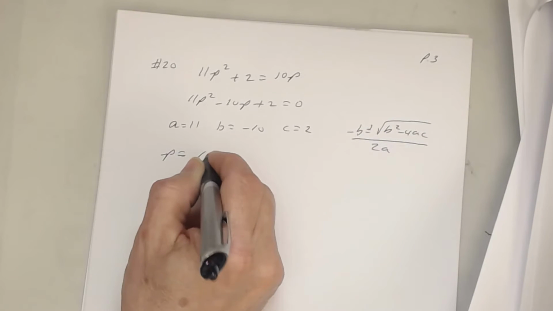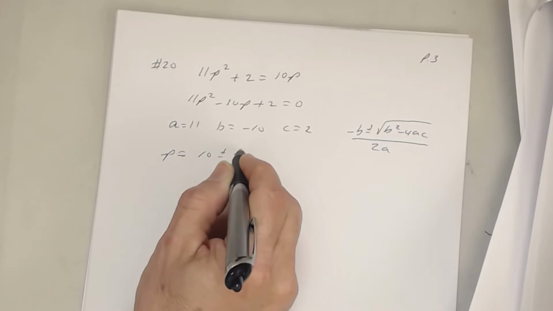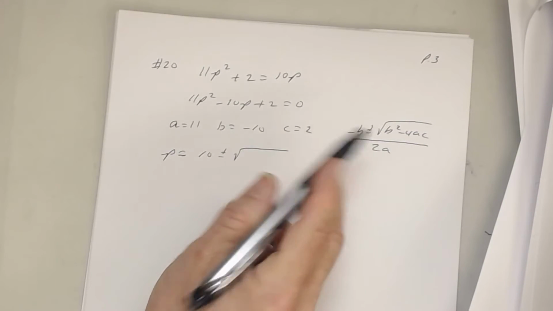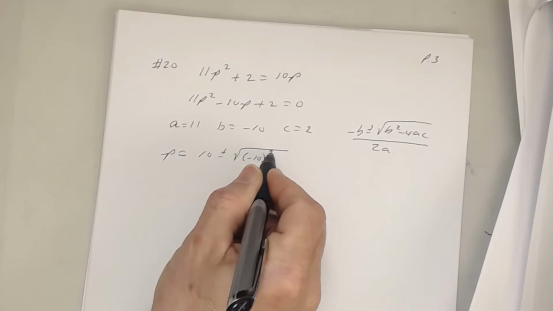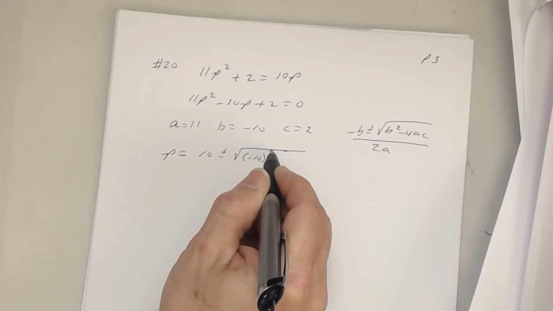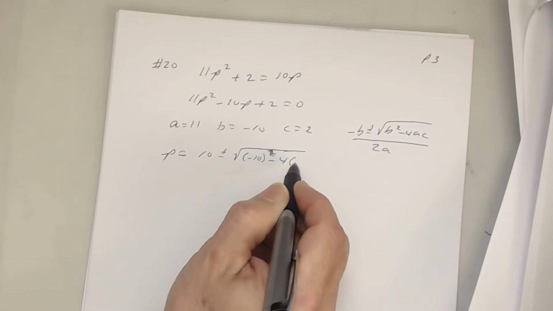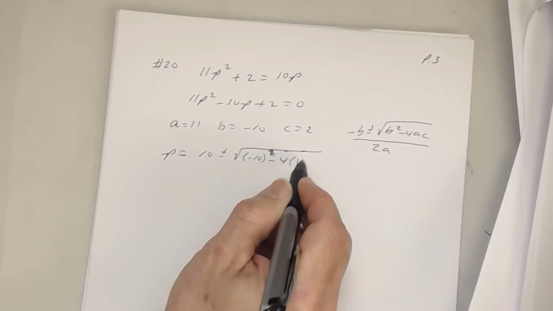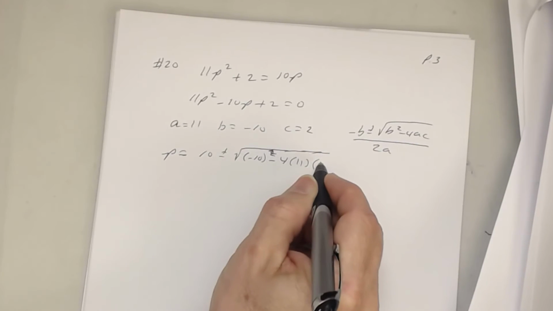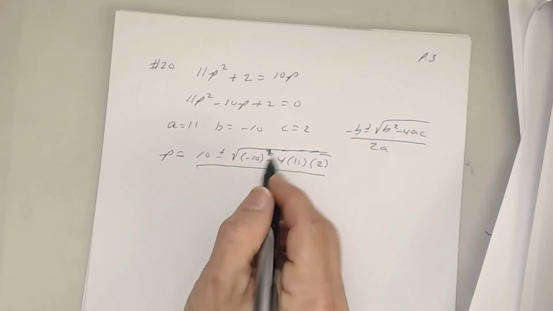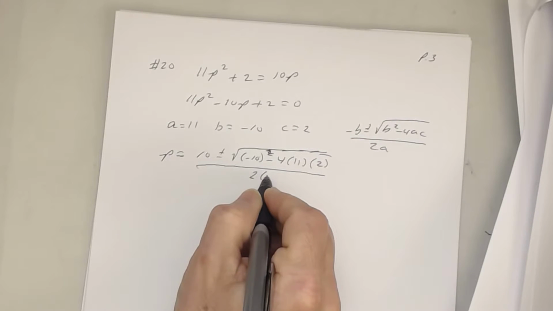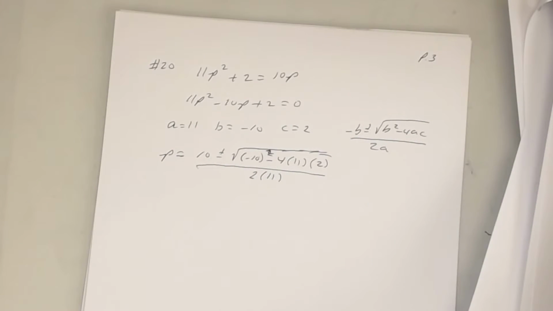So I get 10 plus or minus the square root of b. What's b? What am I doing to it? Squaring it. Minus 4 times a. What's a? 11. Times c. What's c? 2. All divided by 2 times a, which is 11, right?